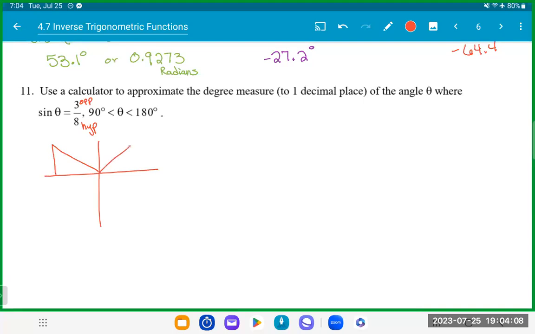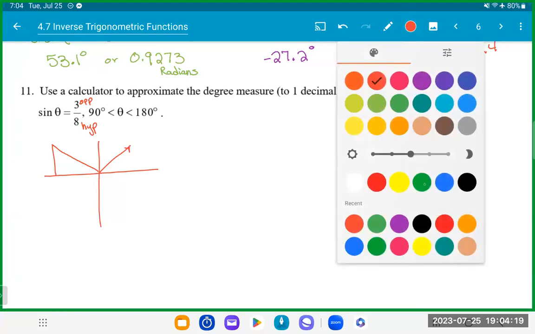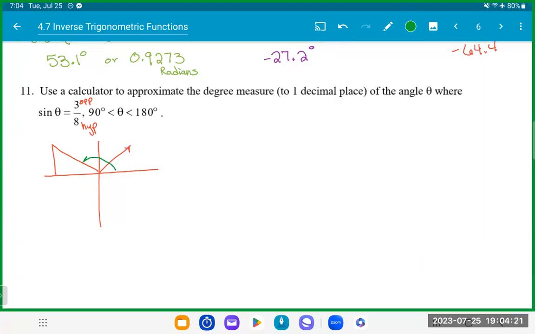We know that our sine is positive in quadrants 1 and 2. So this tells me I'm looking at 180 degrees.